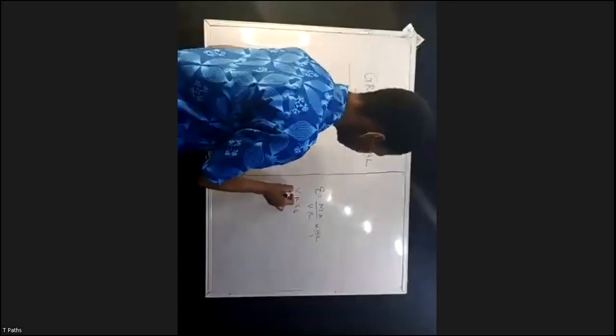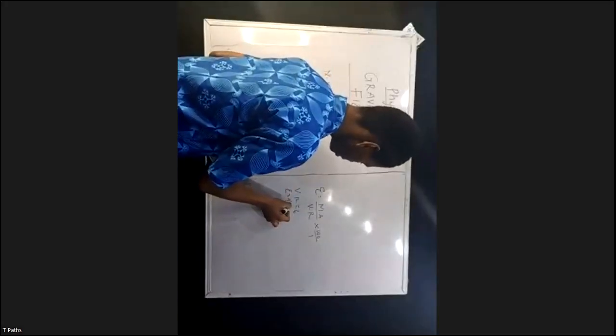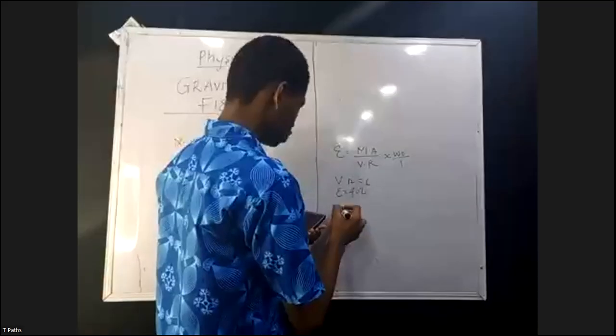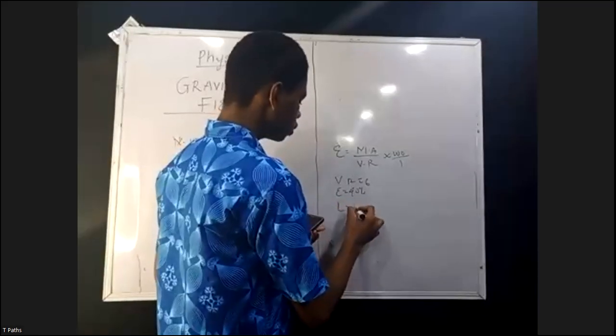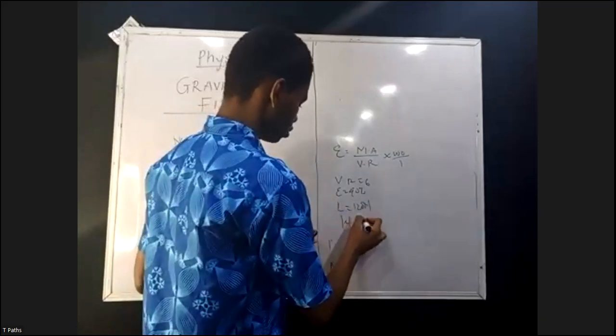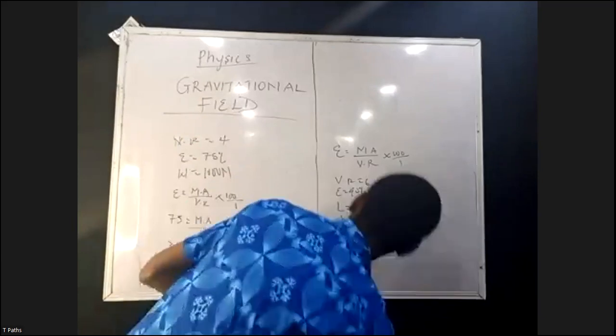The question also says my efficiency is 40%, and it says I have a load of 120 Newton. Now it says find the value of W, which is my effort. So that's what I'm looking for. So what am I going to do here?